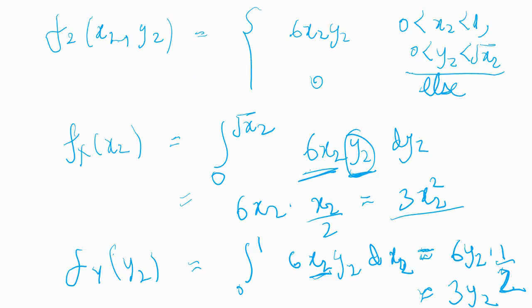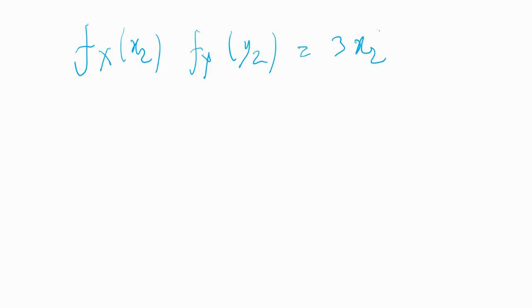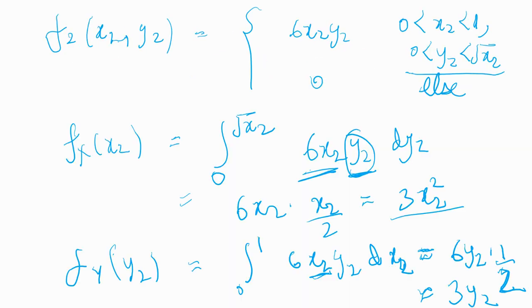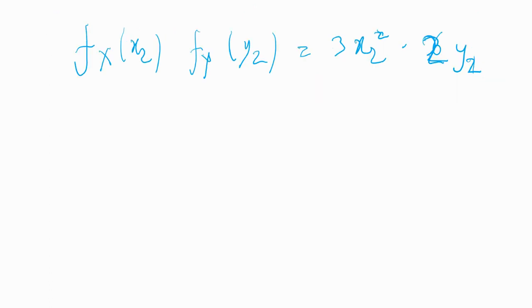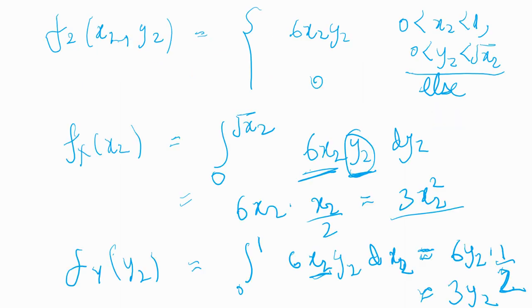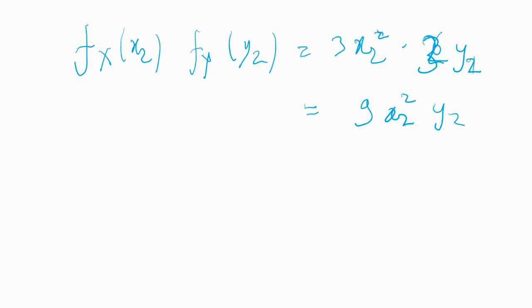Okay. Now, if you do the multiplication of the x2 and y2 marginals, this one was 3x2 square. This one was, sorry, 2y2, I think. This one was 3 by 2. So this one is 9 x2 square by 2. And x2 y2 was 6 x2 y2.